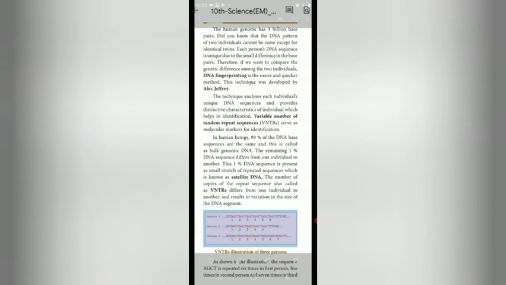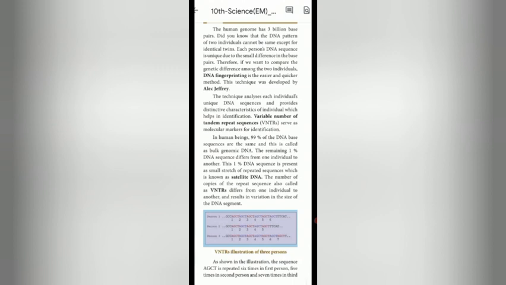VNTRs. See the diagram, it shows person 1, person 2, person 3. These are all the base pair sequences: G for guanine, C for cytosine, A for adenine, T for thymine.